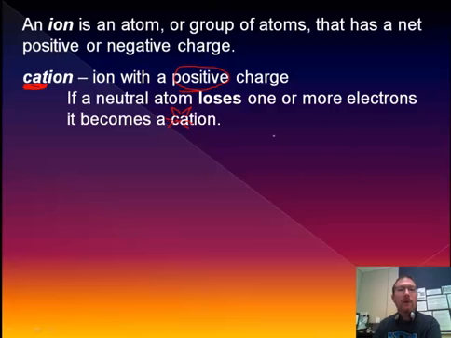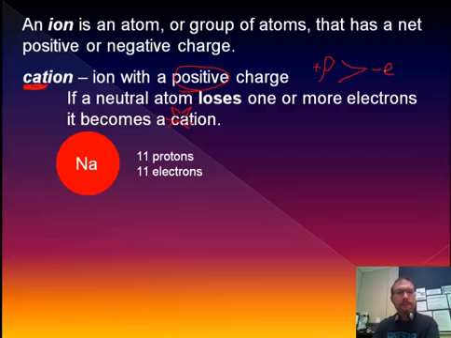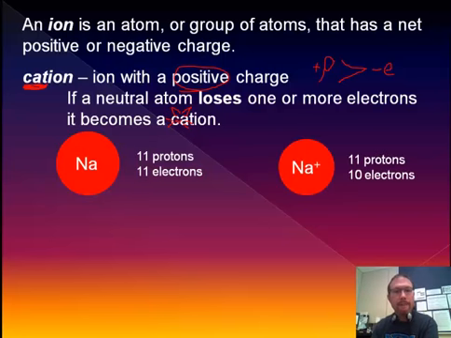So its number of protons is going to be greater than its number of electrons. So here you've got a sodium atom. This sodium atom is neutral, 11 protons, 11 electrons. Here's a sodium ion.